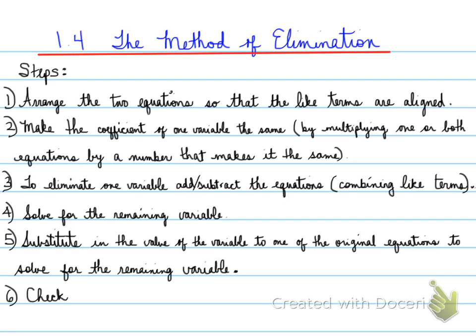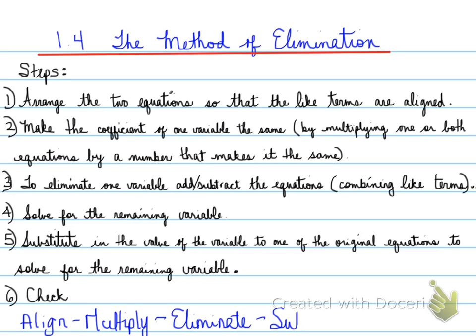So here we go. The process of elimination is to follow the following acronym. Align, multiply, eliminate, sub, check. Just like we had one for substitution, we also have one for elimination. So some of you remembered it as A, M, E, sub, check.